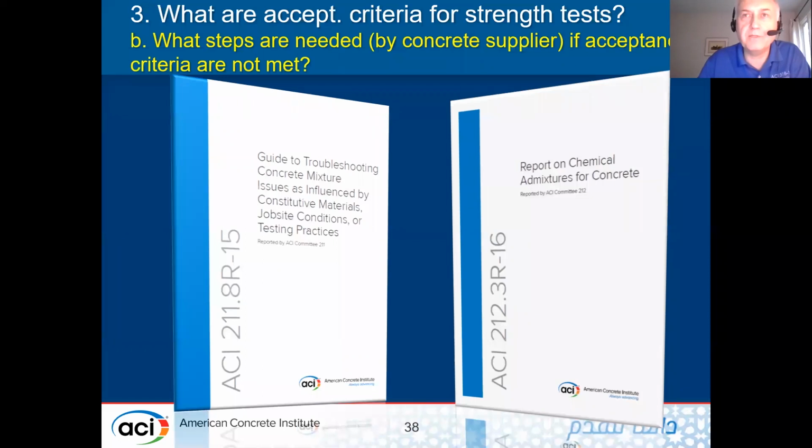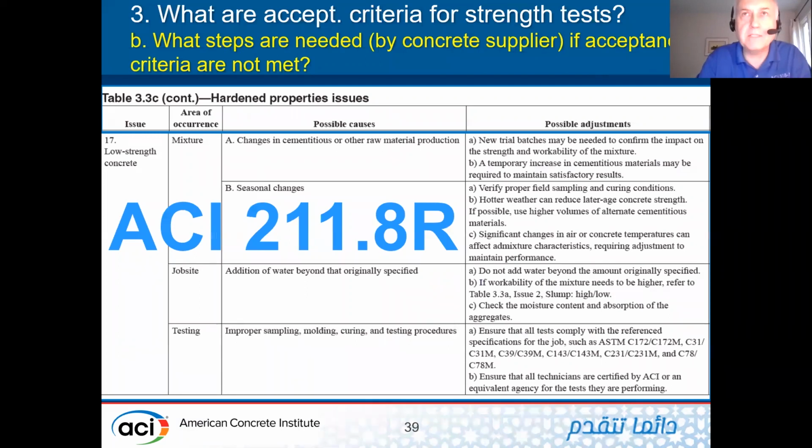The document on the left, ACI 211.8R, talks about different aspects, and one of those is low-strength concrete, and they look at different things happening in the mixture, like changes in cementitious or other raw materials production, seasonal changes, what happens if you add water beyond originally specified, improper sampling, and so on, and provide some possible adjustments that are given in the table. So again, refer to 211.8R for additional details.